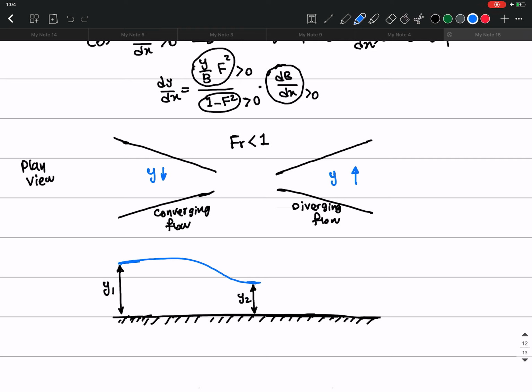And then as it goes toward the diverging part, the width is increasing, the depth of the flow is going to increase too. So we will have something like this.